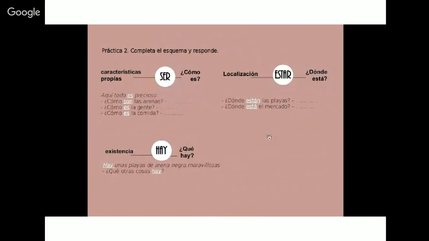So now we're going to answer with estar. So we're going to answer about the location. Primera pregunta. ¿Dónde están las playas? Where are the beaches?